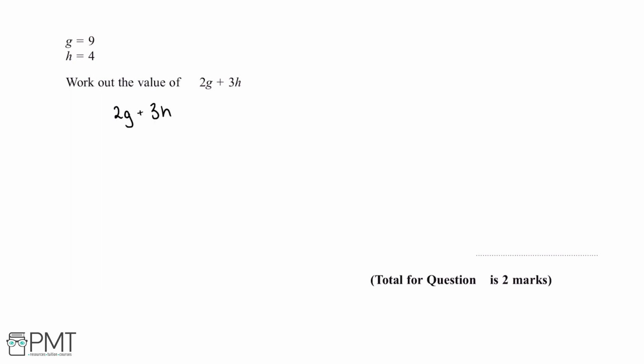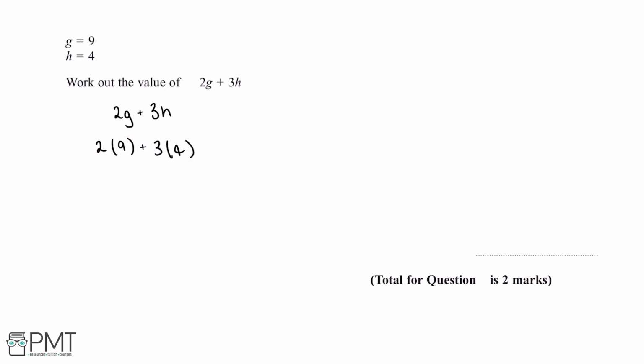So if we start off with 2g, if g is equal to 9, then this means 2g will be equal to 2 multiplied by 9. And then we can use the same process for 3h. So if h is equal to 4, then 3h will be equal to 3 multiplied by 4.